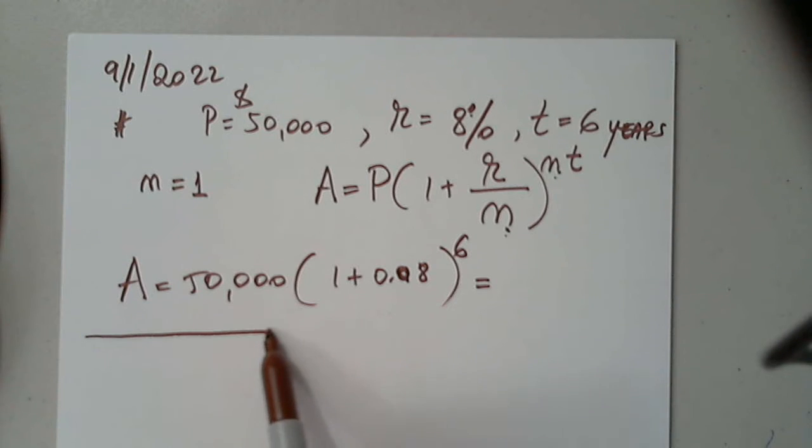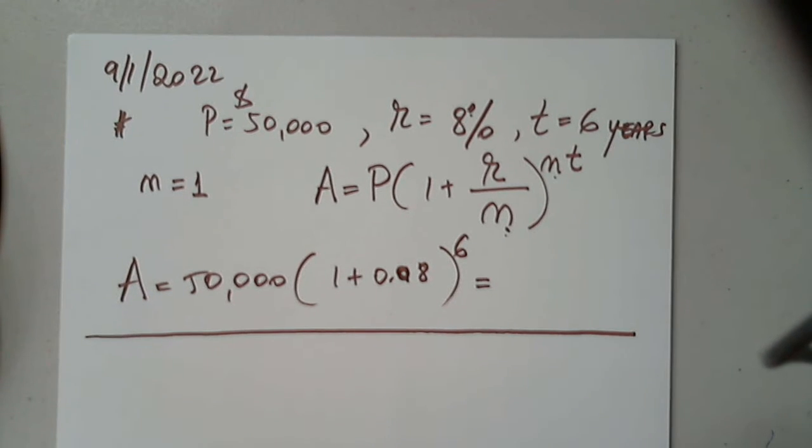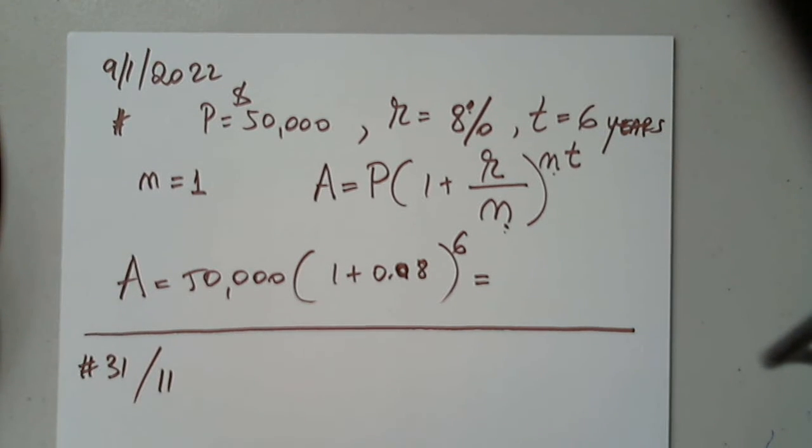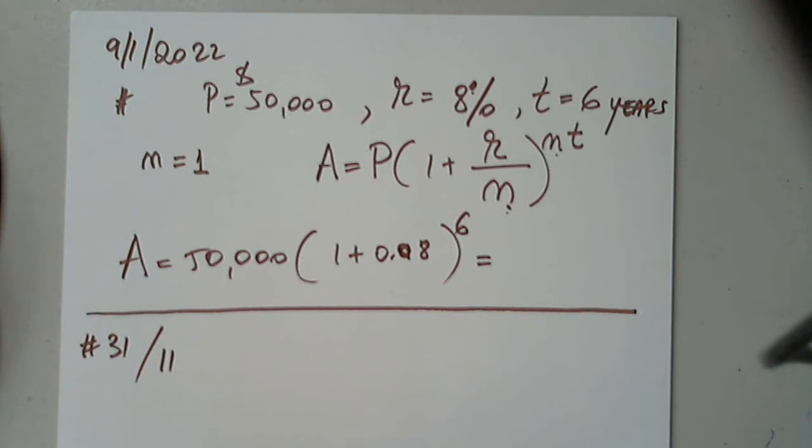But I would also like to have an additional problem and then record both of them. So I'd like to look at problem 31 on page 11. We're going to put all of these in the graphing calculator, so please bear with me because I want to do it in one step and record both at the same time.